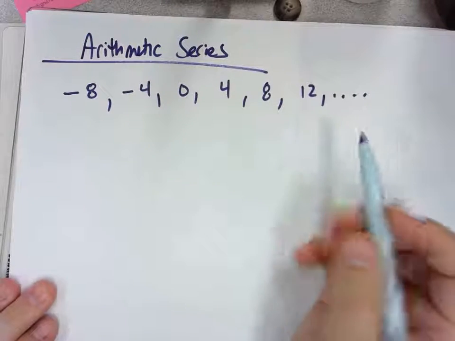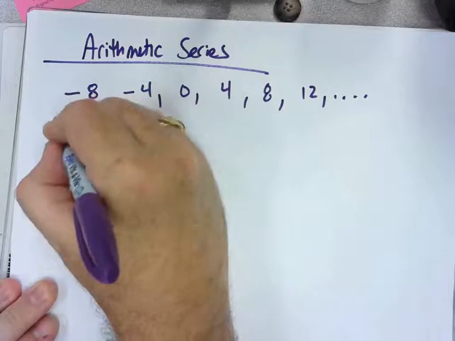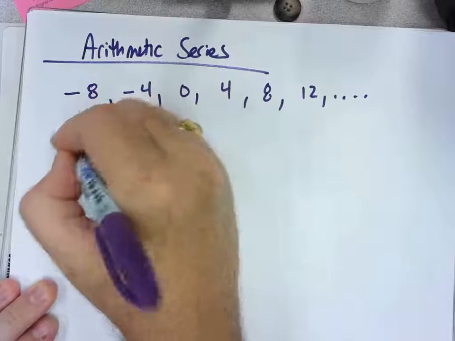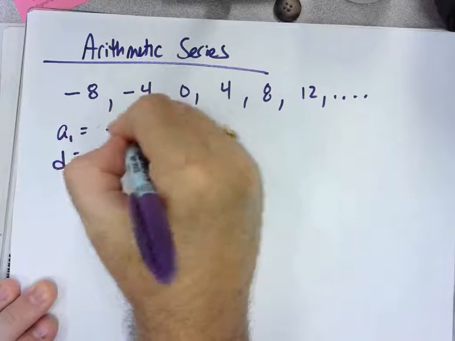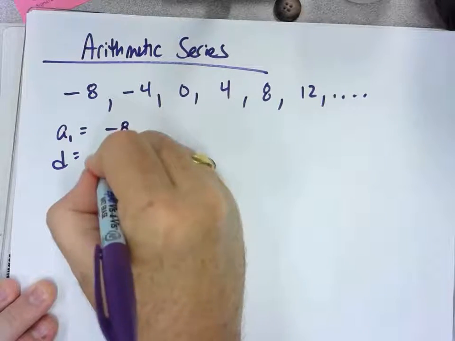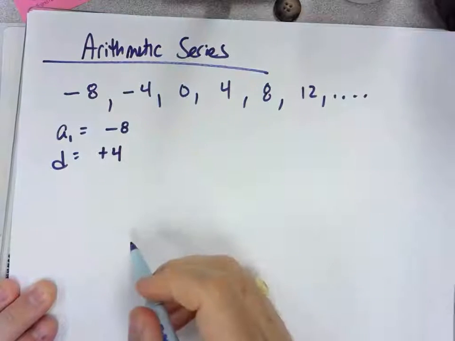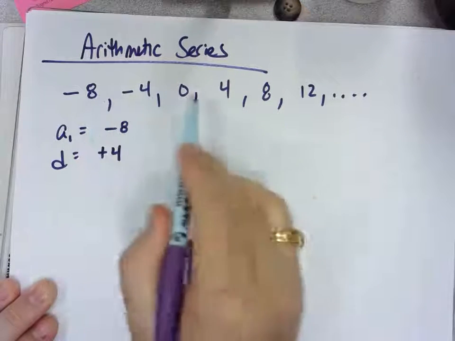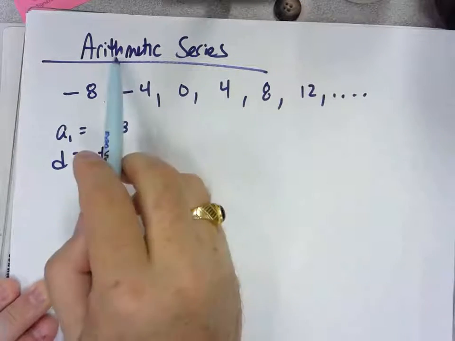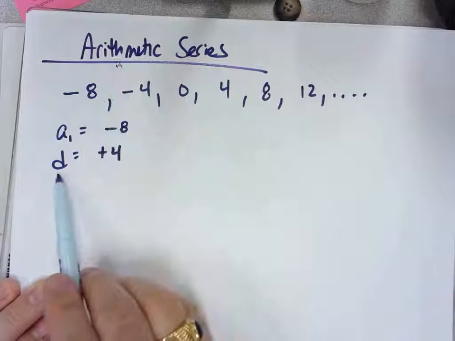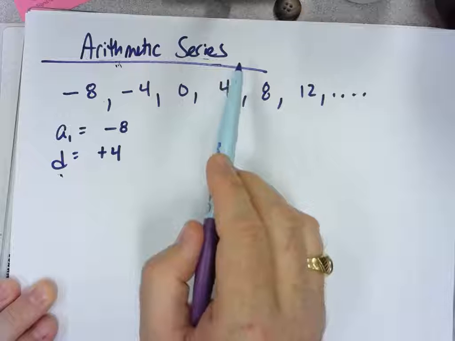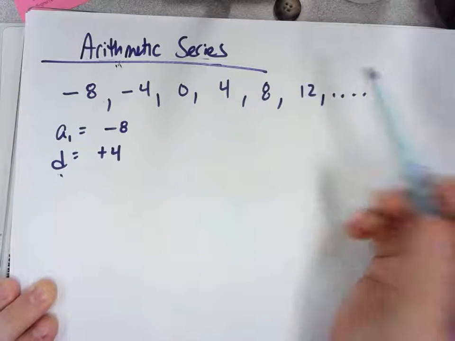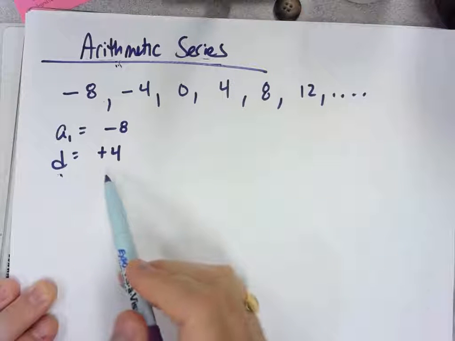What's my common difference? Because we always have a common difference. We also have a first term. This one is increasing by 4, starting at negative 8, so I'm adding 4 to progress. That tells me it's arithmetic. If I have a common difference, then I am looking at an arithmetic series. So if I have to identify it, that's what I'm looking for, a common difference.